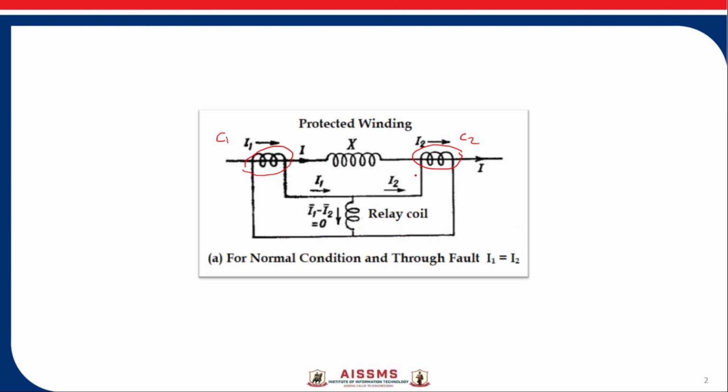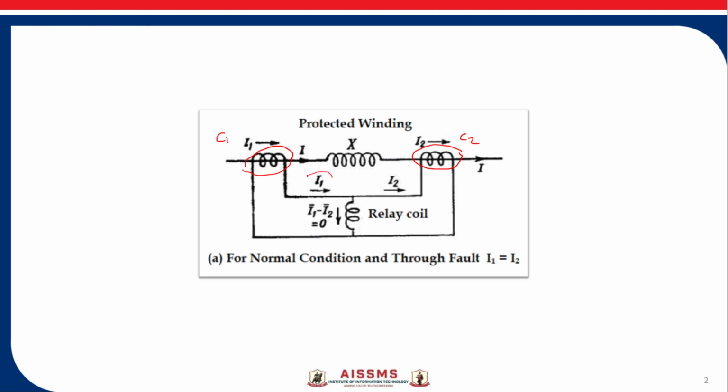When there is no internal fault, the current entering X is equal in phase and magnitude to the current leaving X. The CTs are of such a ratio that during normal conditions or for external faults, which we call through faults, the secondary currents of the CTs are equal.